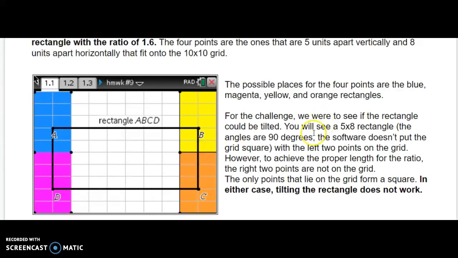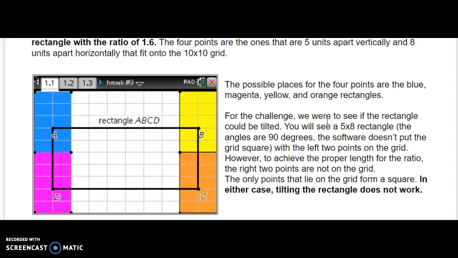And I highlighted the points in this rectangle that are the possible points that A could be, magenta for D, yellow for B, and orange for C, because I could move this rectangle around. I wanted to animate it, but I couldn't get it to work. So I just showed that those would be the areas where the 4 points could occur. So that's what I came up with for a horizontal rectangle.